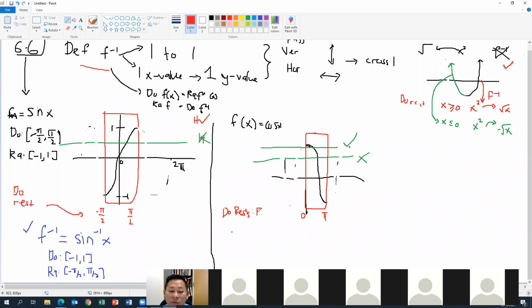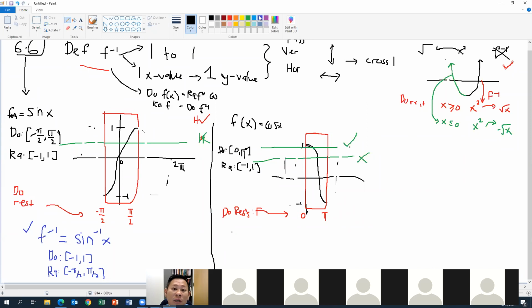That means the domain of this cosine graph, once you restrict it, is from 0 to pi. And don't forget, it still takes values from -1 to 1, so your range in this case will be -1 to 1.